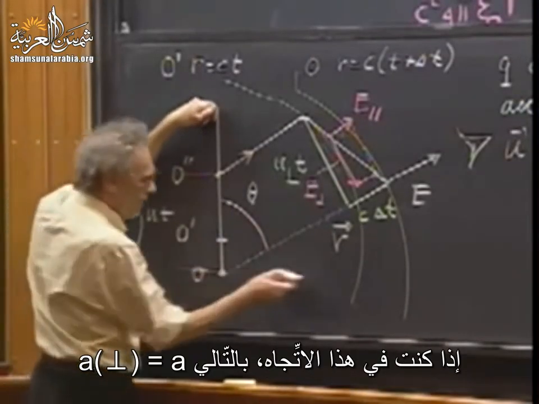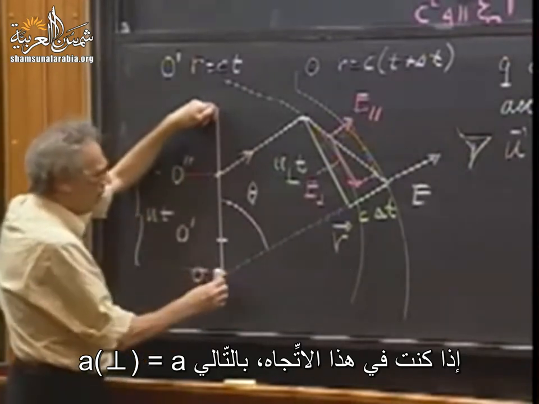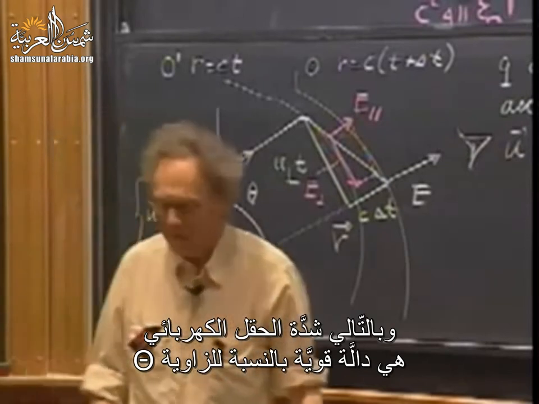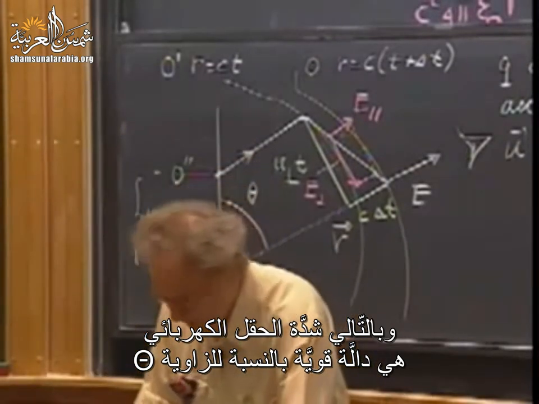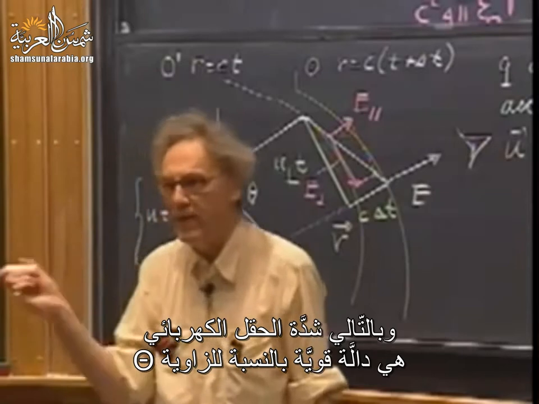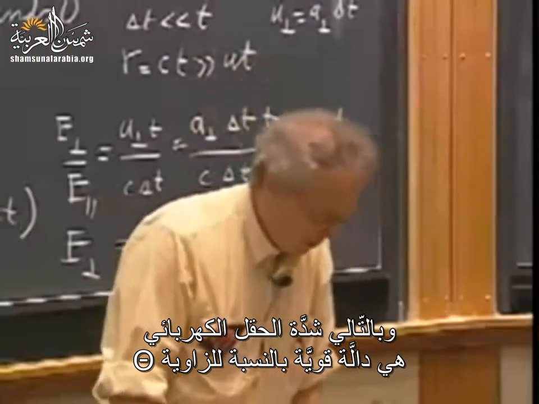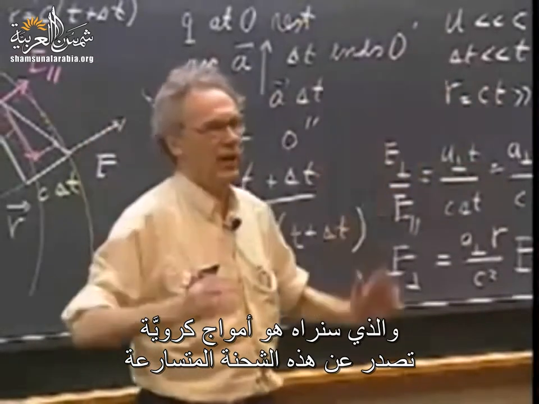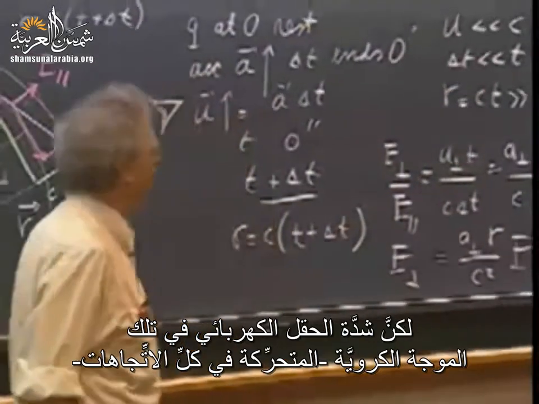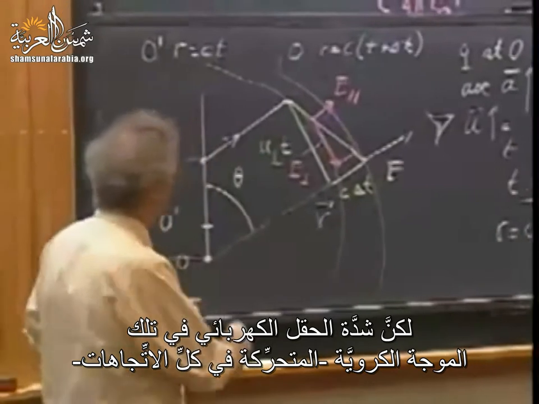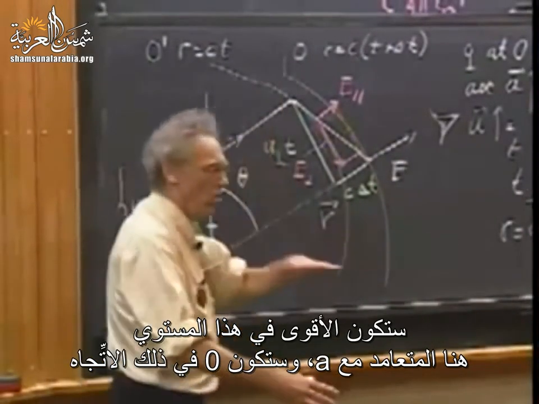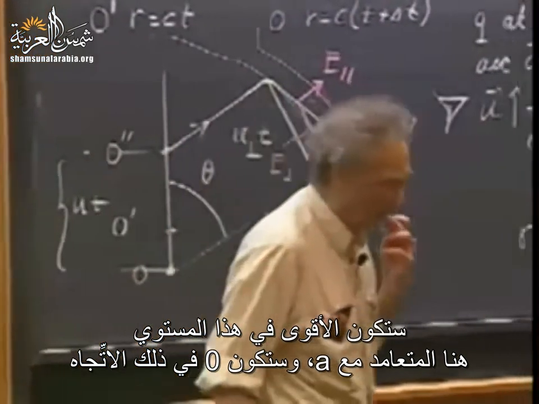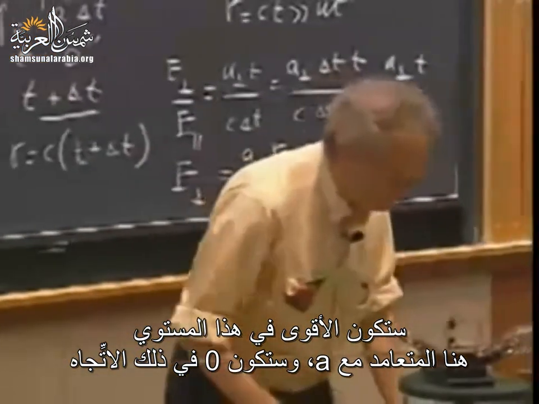If I am in this direction, then A perpendicular is the same as A. So you see that the strength of the electric field is a strong function of that angle theta. So what you're going to see is there are spherical waves going out from this accelerated charge, but the electric field strength in that spherical wave going out in all directions is the strongest in this plane here, perpendicular to A, and is 0 in that direction.